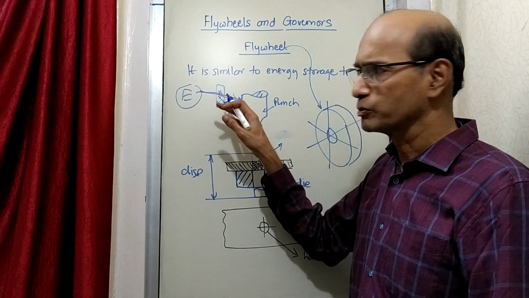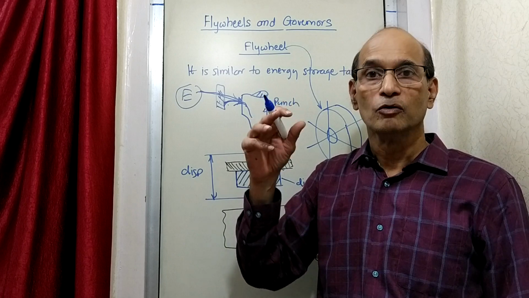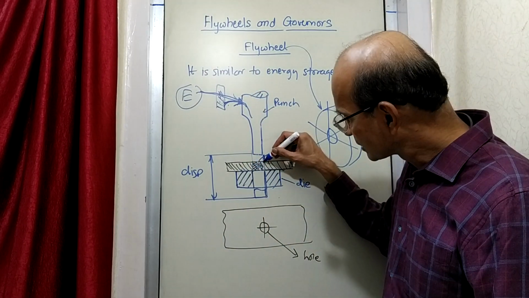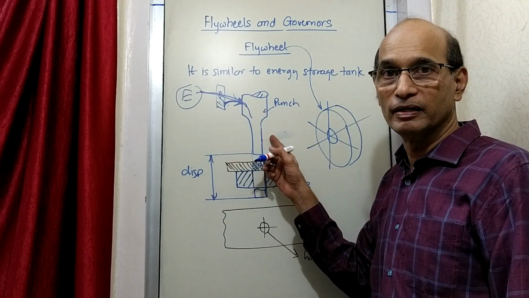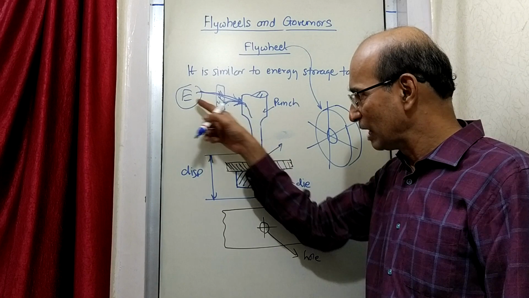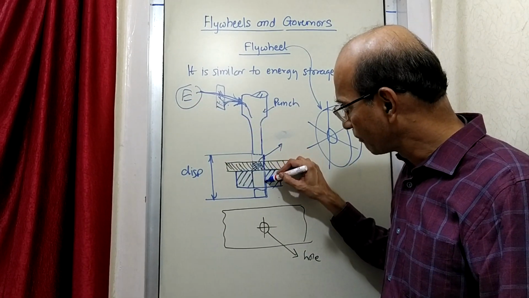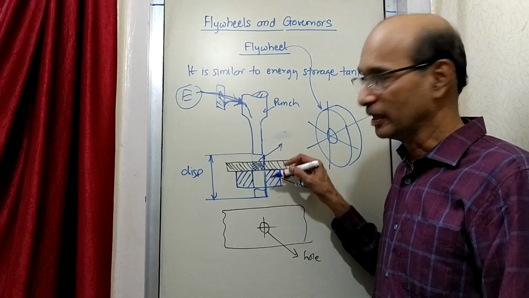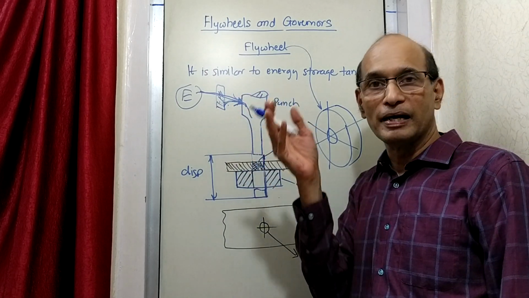That means the speed of the flywheel keeps on increasing and decreasing. And when that happens, the necessary adjustment takes place. So during this time, there is a supply of energy through the flywheel as well as through this, so the speed is down. Now during this time, when the punch is going down without much use of energy, the requirement is less, supply is constant, so the excess energy goes to the flywheel and its speed increases.